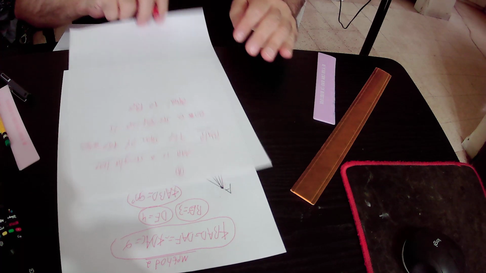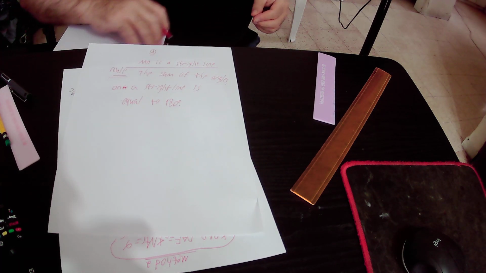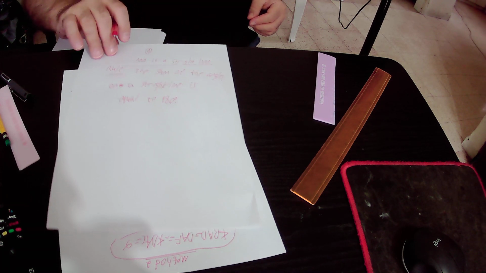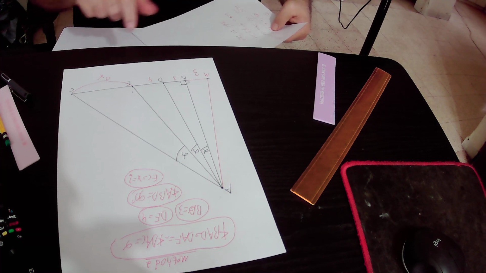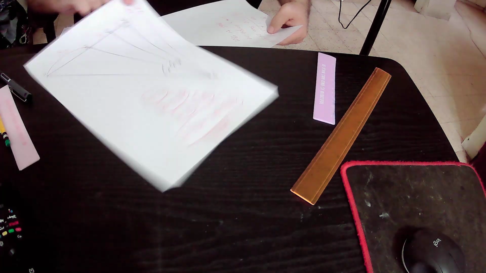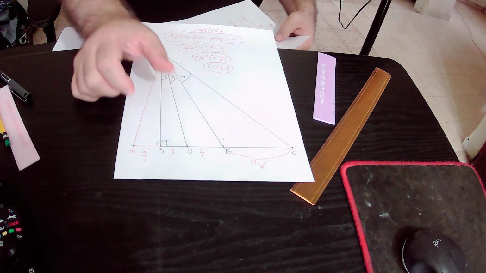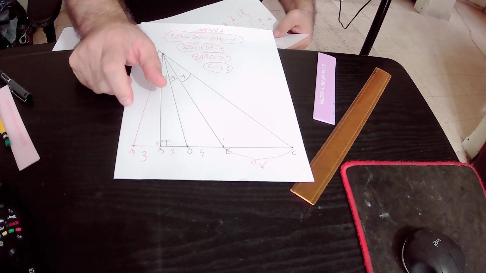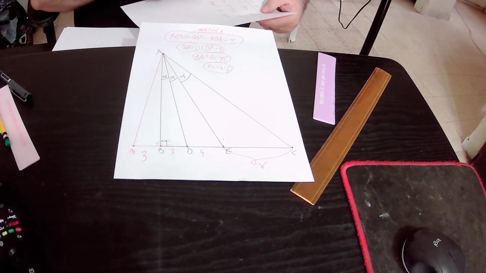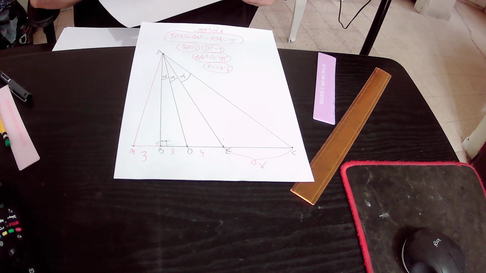I will read the rule again. The rule states that the sum of the angles on a straight line is equal to 180 degrees, and we know that MD is a straight line, therefore the sum of the angles on the straight line MD equals 180 degrees according to the rule that I presented to you.